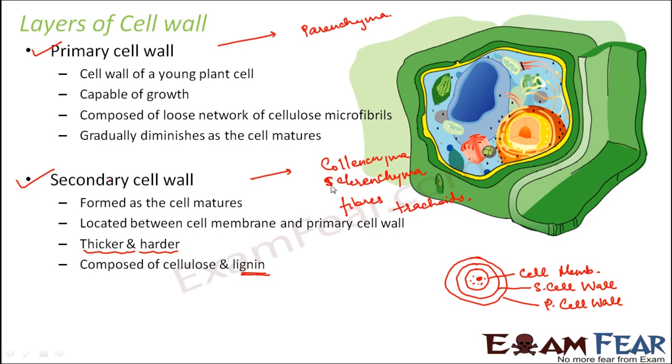And we saw that they have thickened corners. Some of them have lignin thickenings at their corners. These thickened corners were nothing but due to the formation of secondary cell wall. So secondary cell wall is formed on maturity in all of these tissues: collenchyma, sclerenchyma, fibers, tracheids. Right, so these are the layers of cell wall.